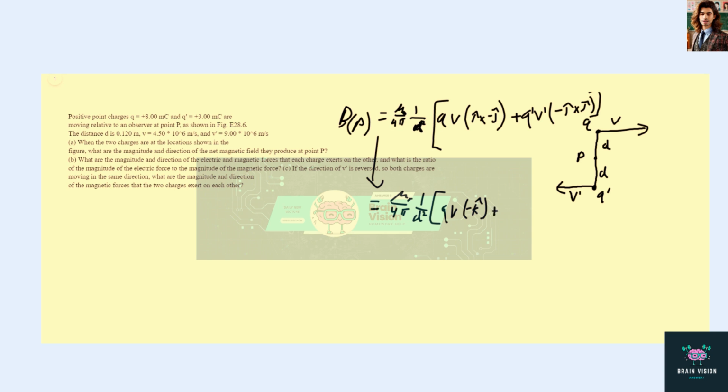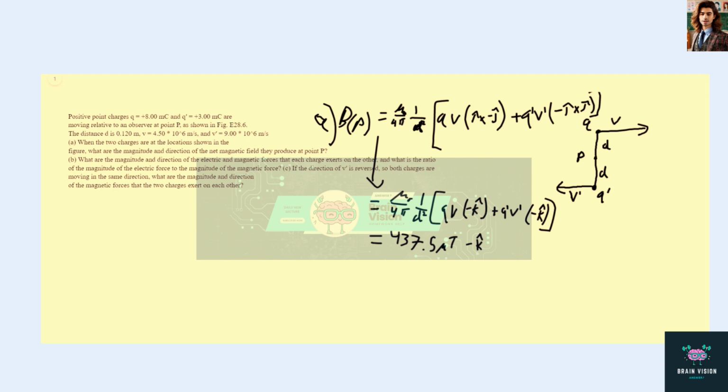And then plus q prime, v prime, and then we have negative i hat cross j hat. That's going to be, again, the negative k hat. Okay, so then all this is numbers, and then we have the negative k hat for each of them. So if you solve that, we get 437.5 micro Tesla in the negative k hat direction. Okay, so that's part A.